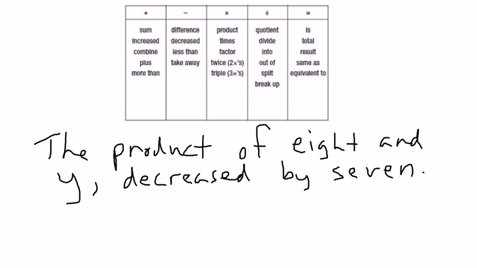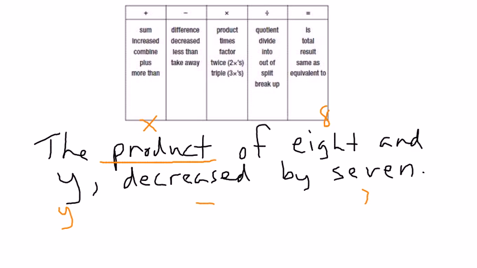Okay, what operation does product tell us to perform? Well, at this point in our math careers, we should know that the product is the result of a multiplication problem. So product stands for multiply. 8, of course, stands for the number of 8. Y is the number that we don't know, so we will leave it as y. Decreased by stands for subtraction. And the word 7, of course, is simply the number 7.